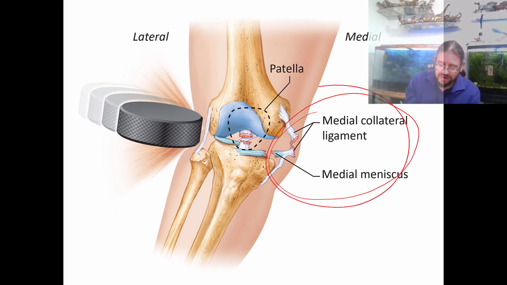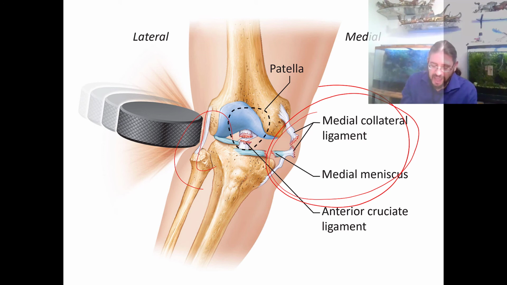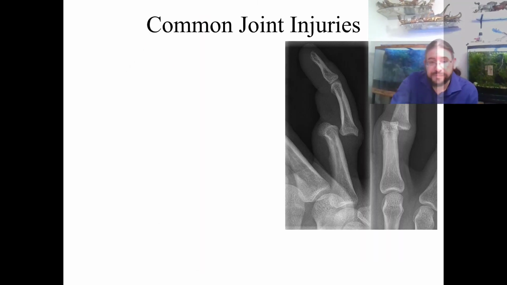If you have a sudden medial impact, it can rip lateral ligaments and lateral meniscus. So, danger for ligaments. And any kind of sudden impact will also pose a risk to the anterior cruciate ligament as well. Okay. Continuing on near the end of our common joint injuries.